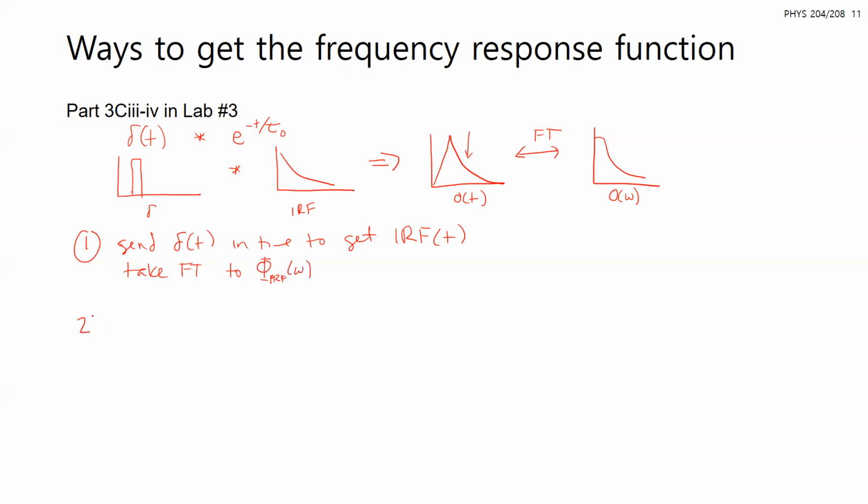You'll also explore two other methods that are also possible. You can send a sine wave input in, and you're going to keep the amplitude constant in your input, and then you're going to vary the frequency.